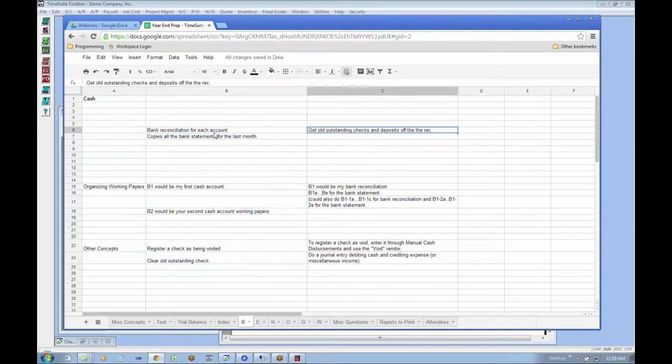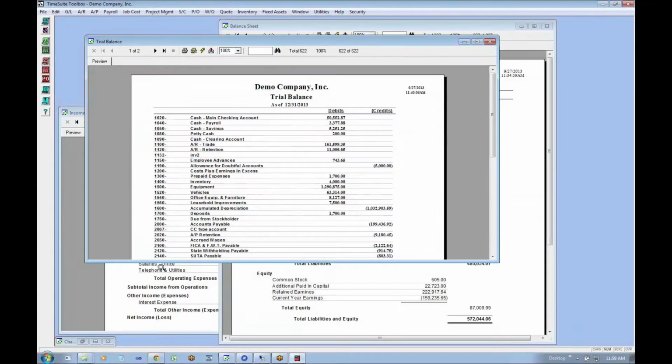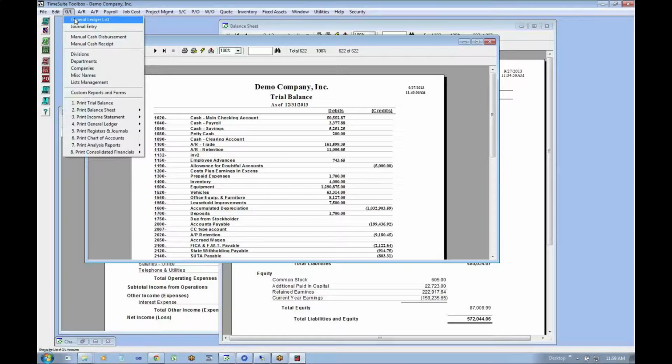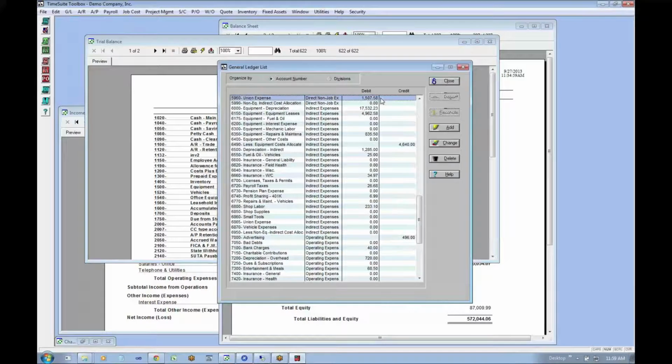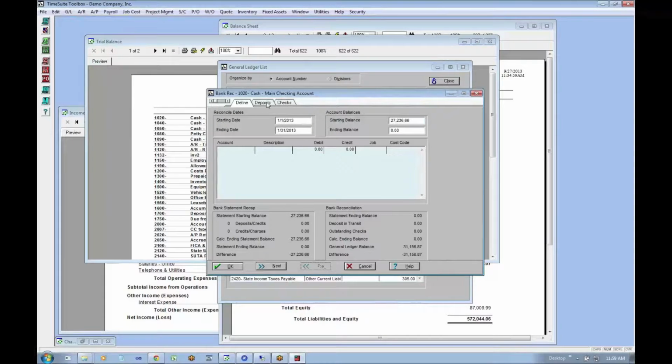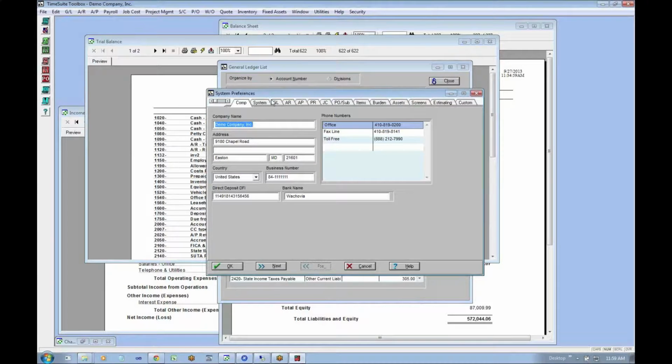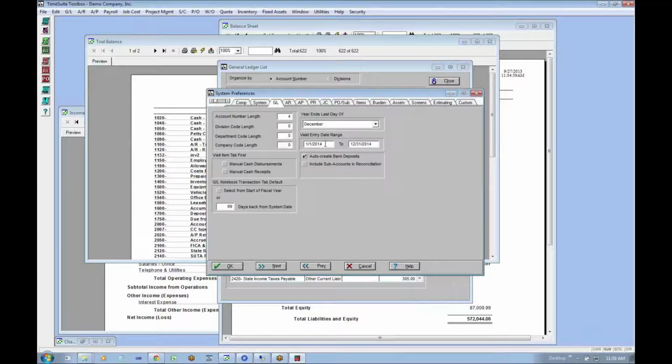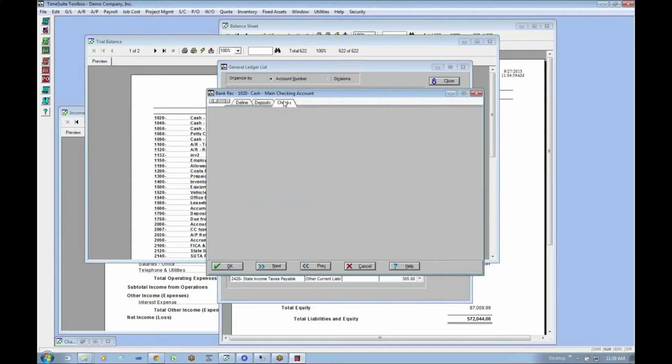So one of the steps in your test of balances would be to get a bank reconciliation that ties into your trial balance. So if we look at the bank reconciliation in the system, and I think in this demo the reconciliation's January, we'll look at January 2013.